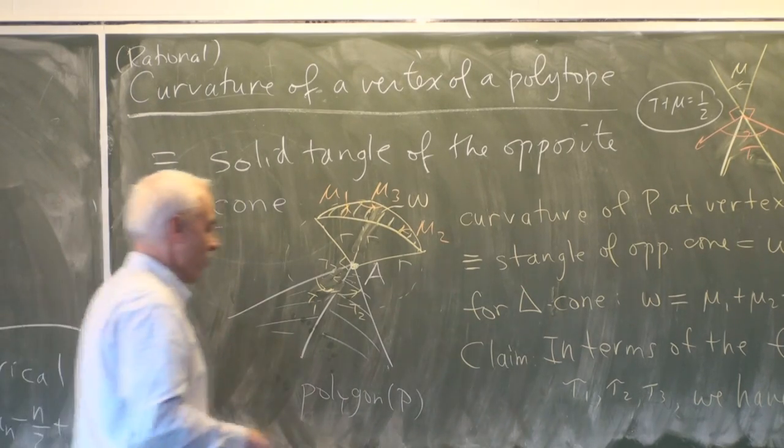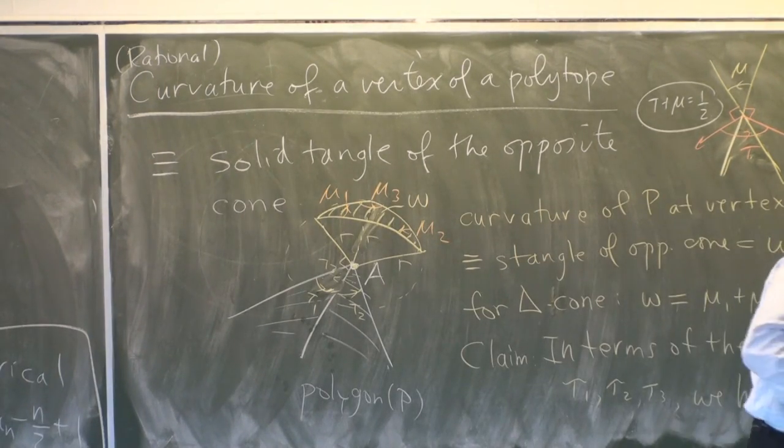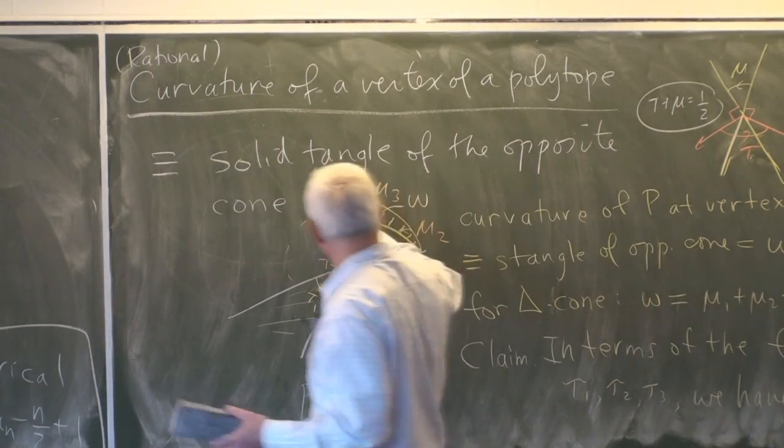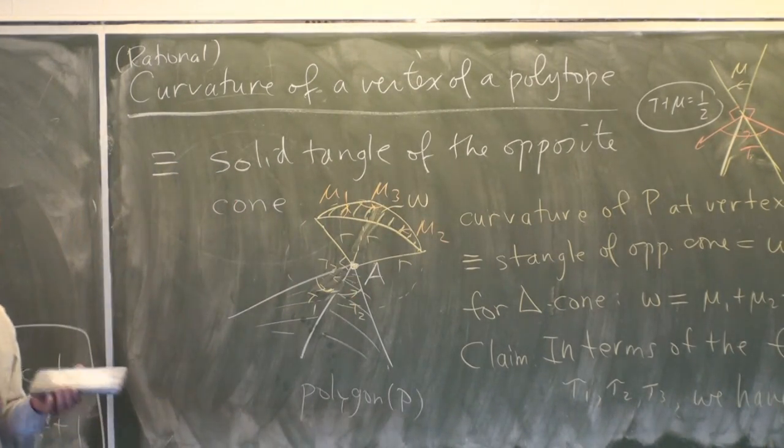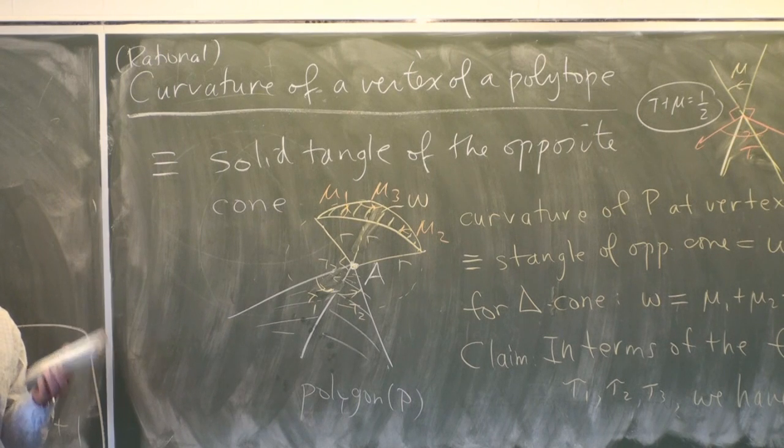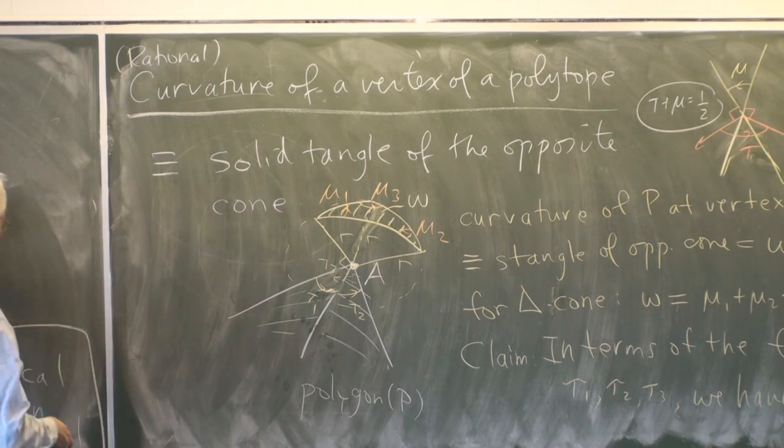So now we can write down the formula for the curvature at P in terms of not the mu's, but in terms of the taus, which is really the information of the polytope itself.